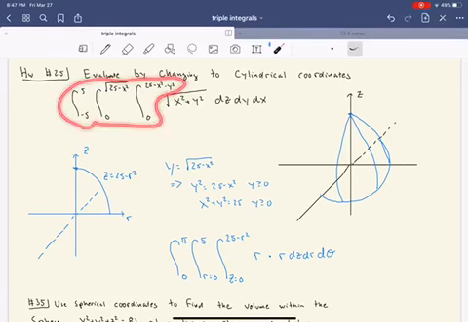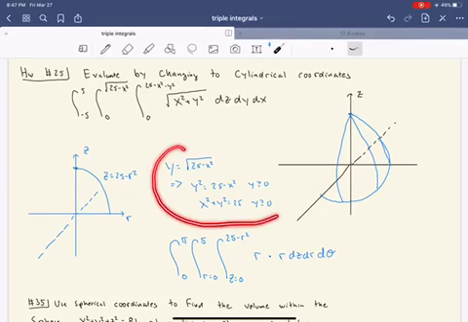Well, x goes from -5 to 5, and y goes from 0 to 25 minus x squared. Now, what is that, 0 to 25 minus x squared? I wrote it out here.